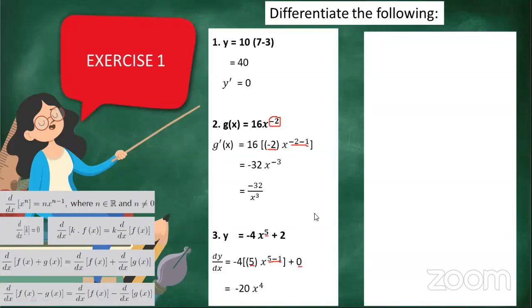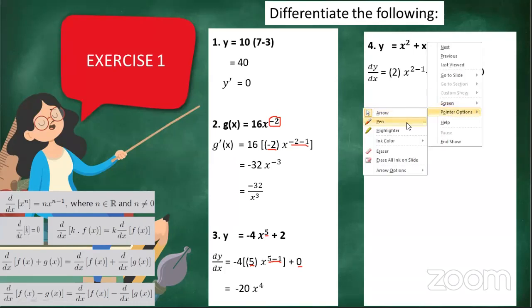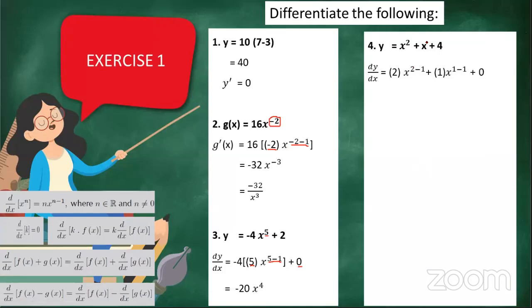Then next one, we have another sum: x squared plus x plus 4. If we differentiate with regards to x, we'll have our exponent multiplied by our base, and we subtract 1 from the exponent, plus this one. Any number that has no visible exponent is raised to the power of 1, so x has an exponent of 1.